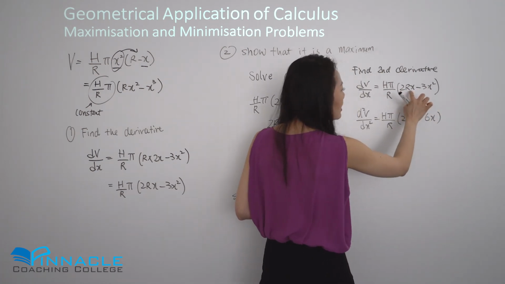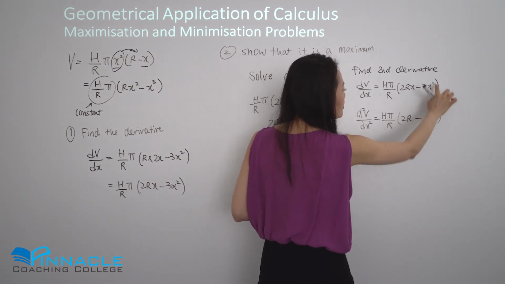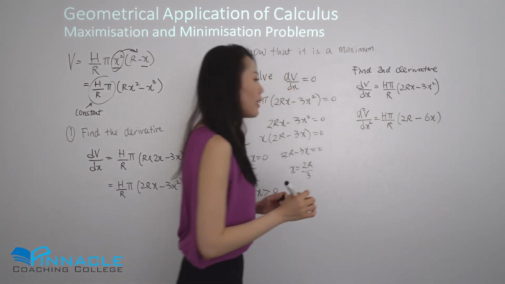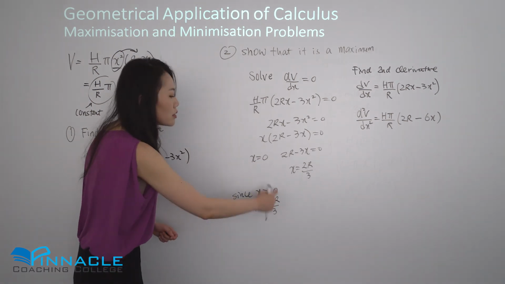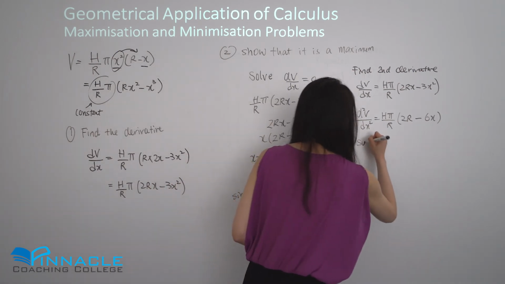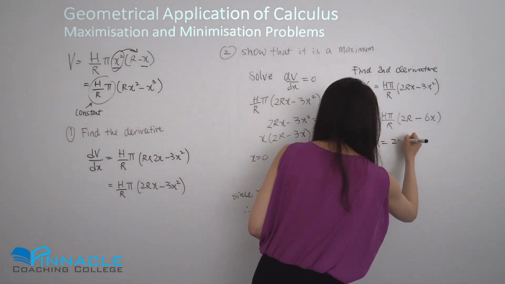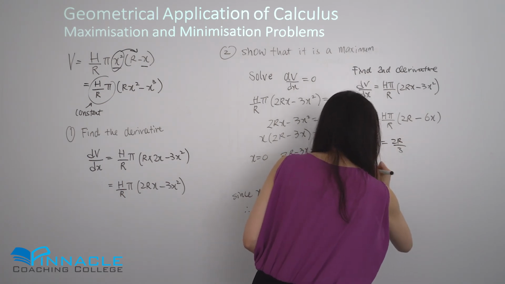So 2rx just becomes 2r, and that one, bring the 2 down, so 3 times 2, 6x. And once we've done that, we are testing this point. We want to show this is a maximum turning point at this point. So sub x is equal to 2r on 3. Let's see what we get.